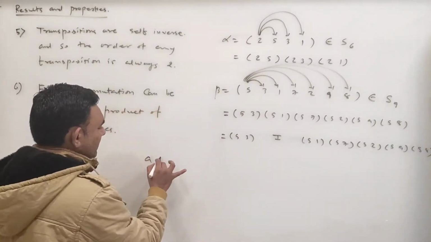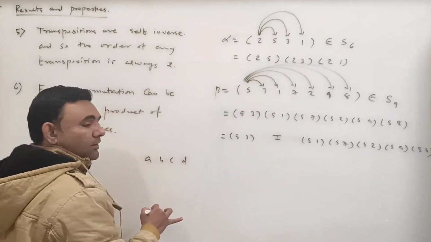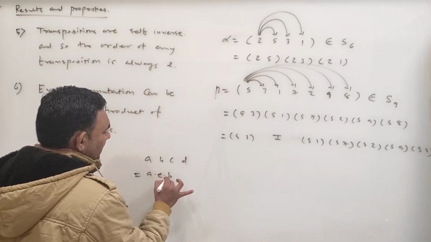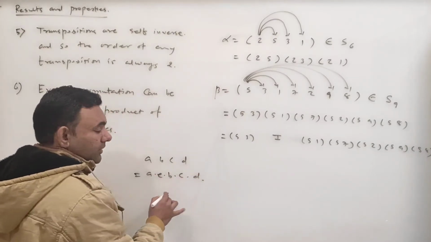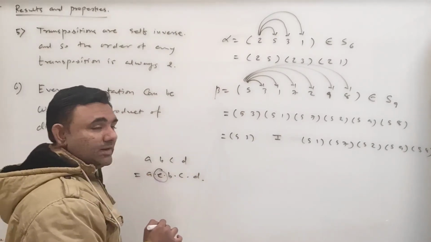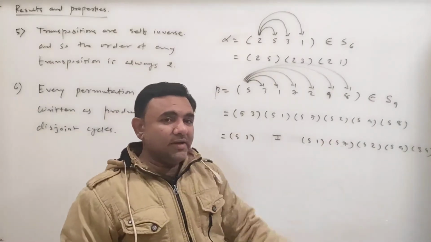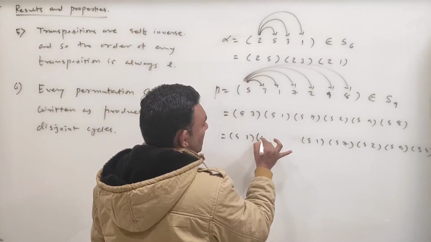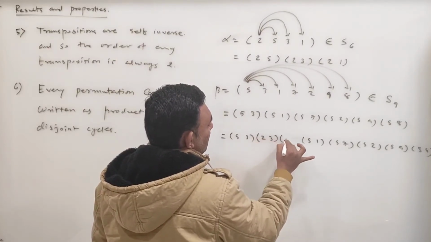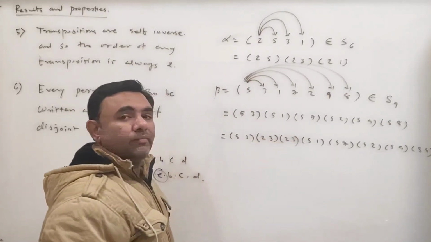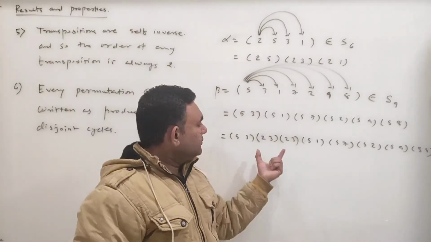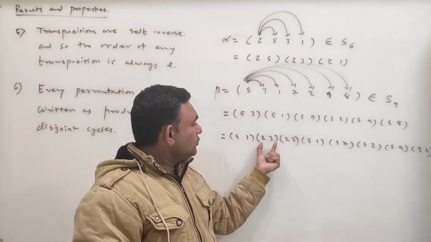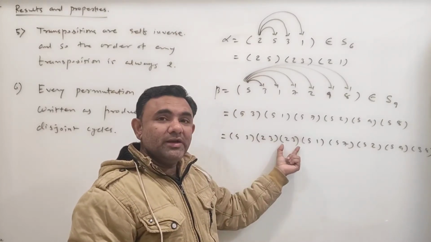See, in a group, suppose I have A B C D, then I can write A into E into B into C into D, where E is the identity. So I have just inserted the identity, but I know the identity can be written as (2 3)(2 3). (2 3) is a transposition, so it is self-inverse. So (2 3) into (2 3) is the identity.